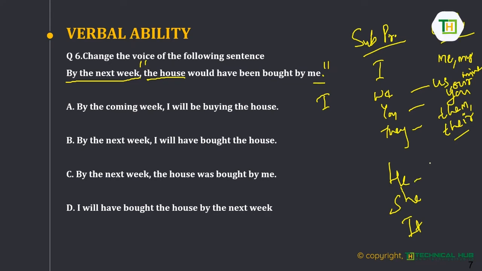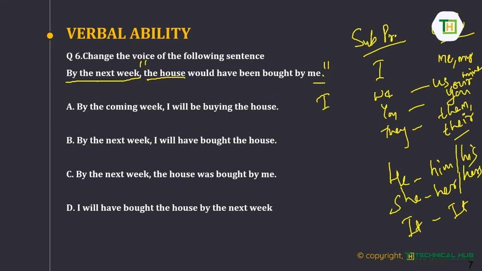He means him or his. She means her, or sometimes they say hers. It means it only, right? So you remember these properly, subjective pronoun and objective pronoun, and you could easily make it. Okay, right? Good.